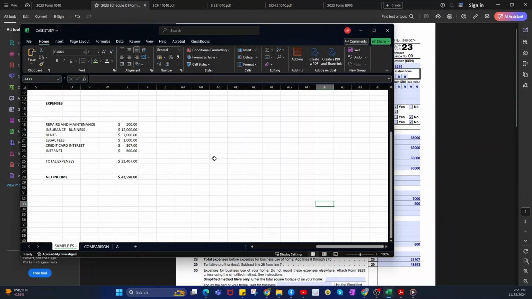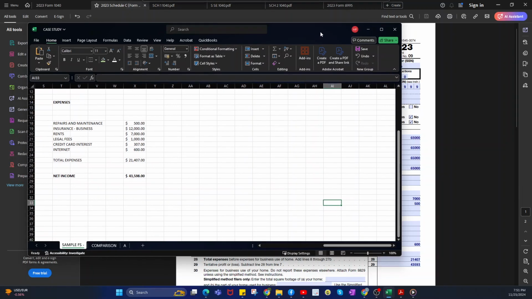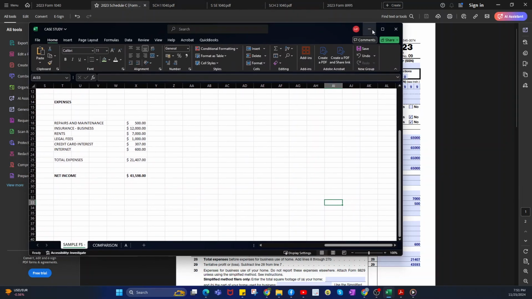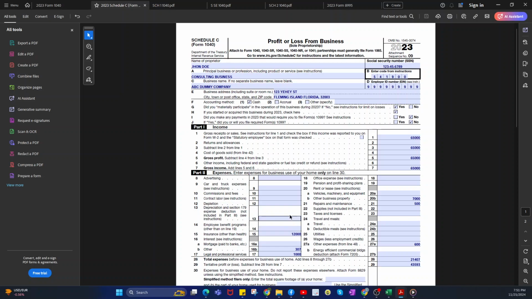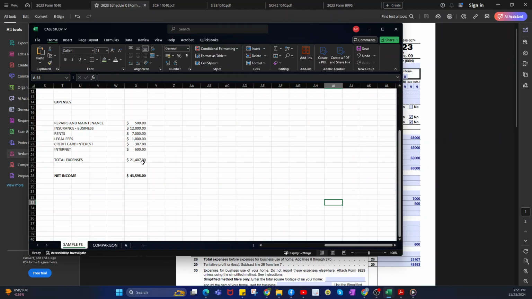Okay, so we have indicated it here: the insurance, the mortgage, rather others, because this pertains to interest for credit card, legal expenses, rent, repairs, and other expenses. This pertains to, was it, office supplies, internet. All right.